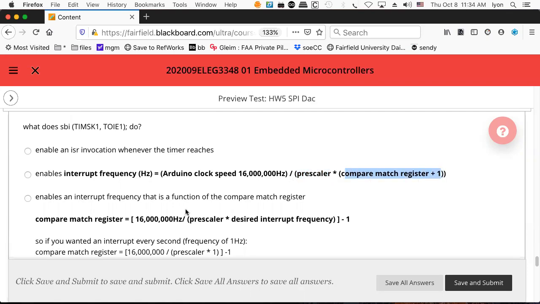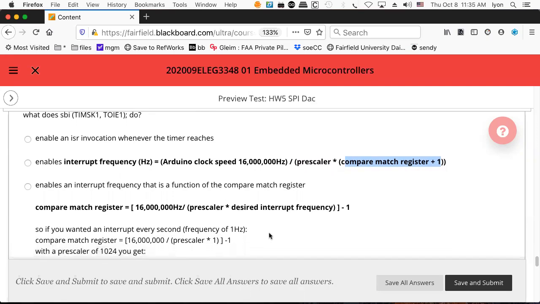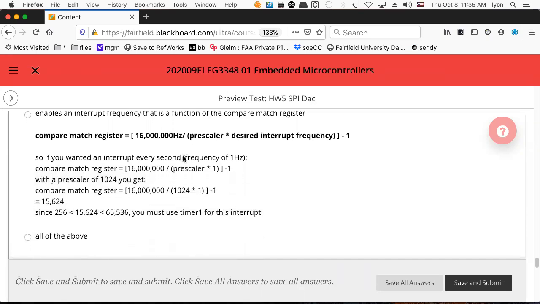So this is an example. That's very fine. So for a frequency of 1 hertz, you take the prescaler times 1 hertz and divide that into 16 megahertz. With a prescaler of 1024, you get 15,624.